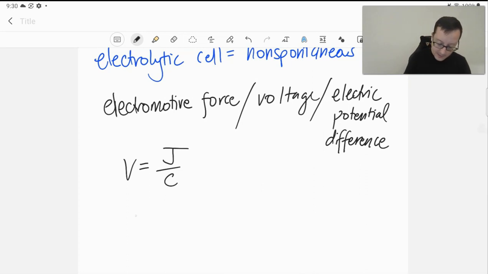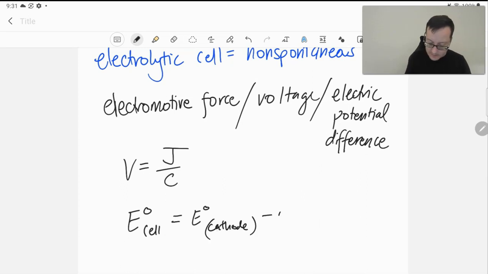We're going to see that the potential, which is given by E for your cell, will be related to the half reactions that are taking place. We're going to have the potential of the cathode minus the potential for the anode.